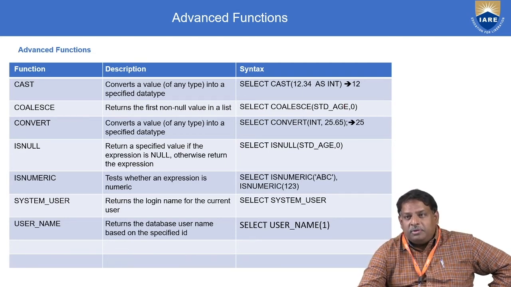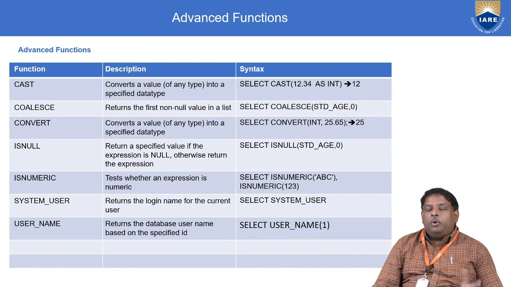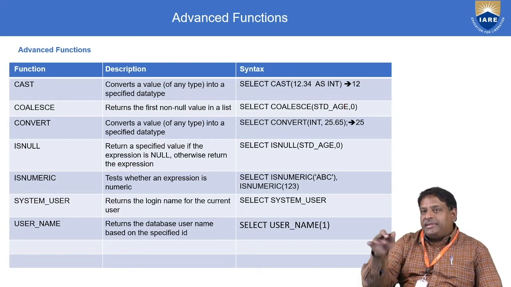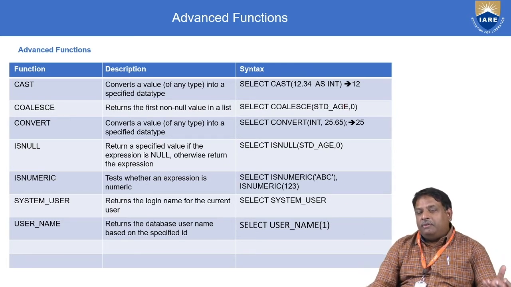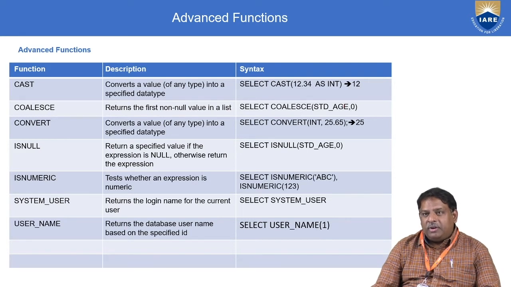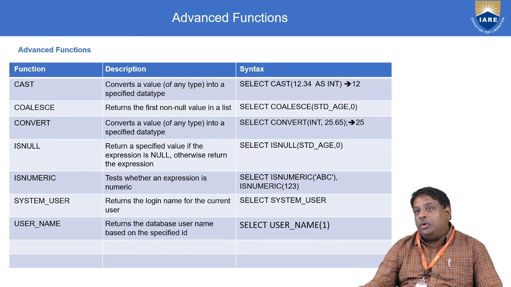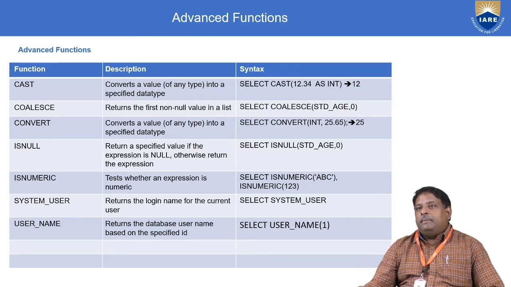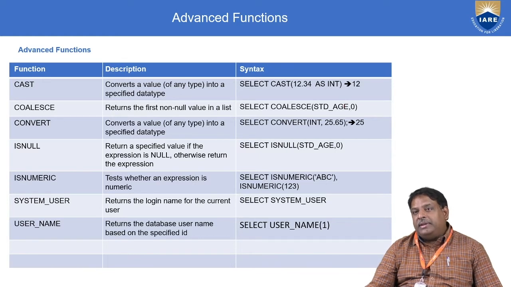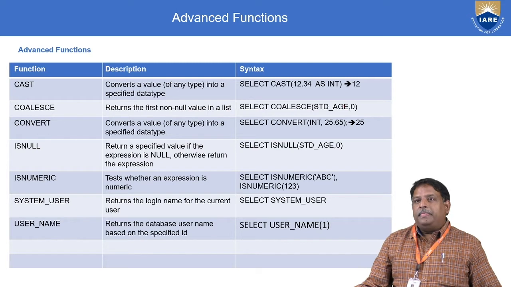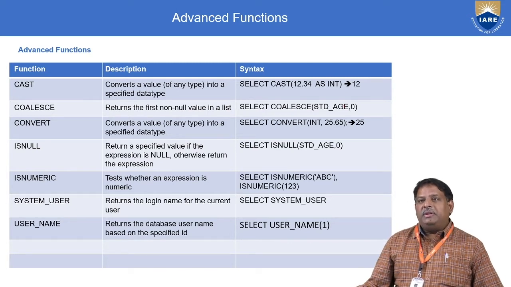Similarly, cast does the same thing, but the only difference is in cast, you give the value first and then what you want to convert it to. So select cast given value as a new data type. Similarly, convert will say convert into integer the given value. This is the only syntactical difference between cast and convert.